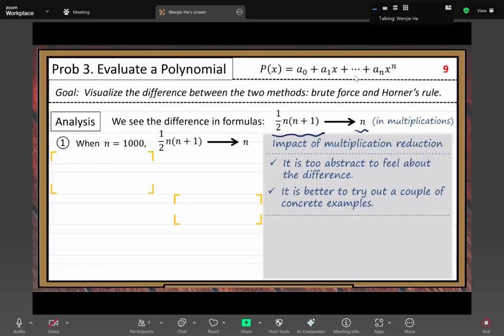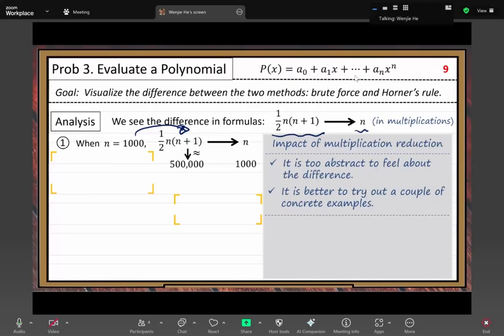When we plug in n equals 1,000 into the first formula, we get approximately 500,000. Here I do not use the precise number, because the precise number could be messy, so I use an approximate number.